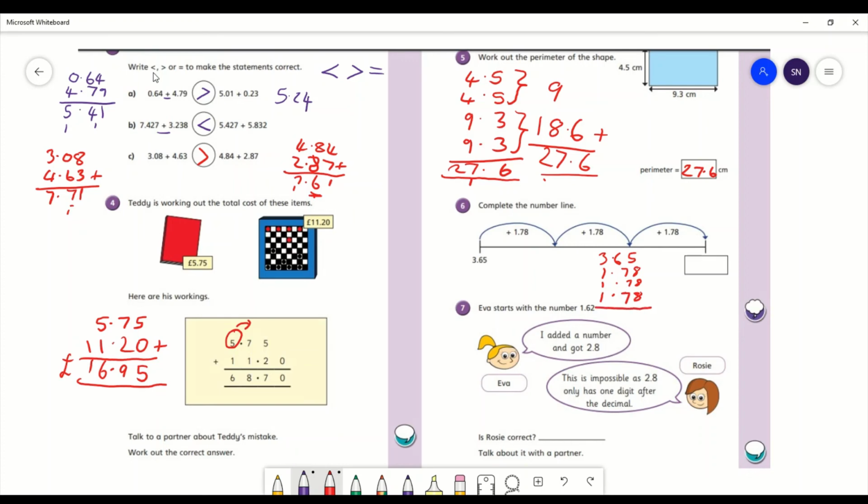So 24 add 5 is 29. It's 21, add 6 because 3 7's are 21. Add 6 is 27, 28, 29.